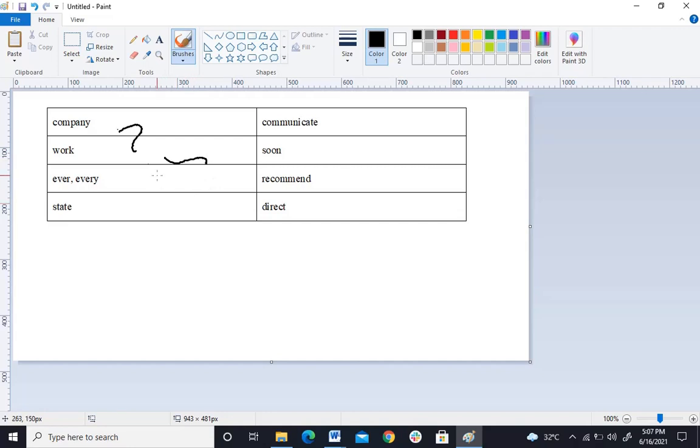Next, every. We have EV. State. We have ST. Okay, next, communicate. We have our stroke for com and then Kate.